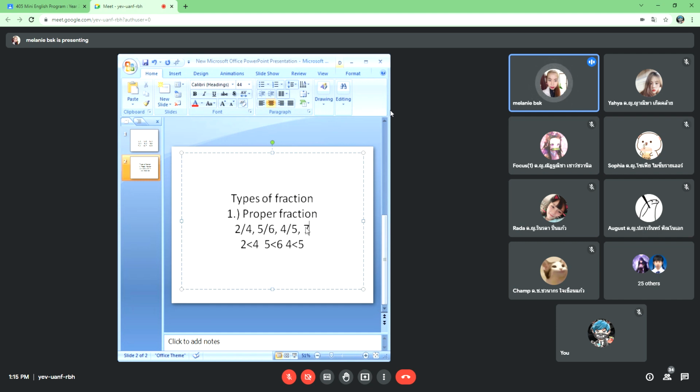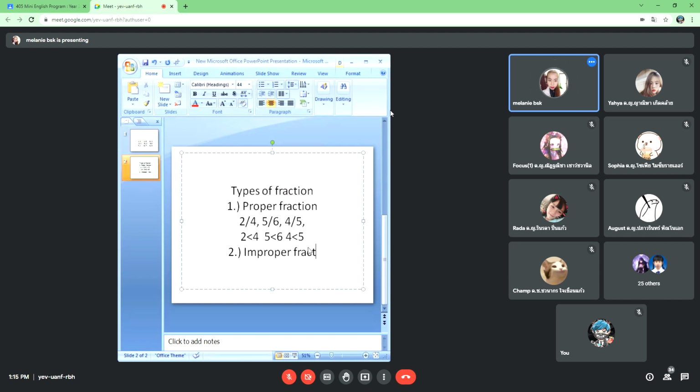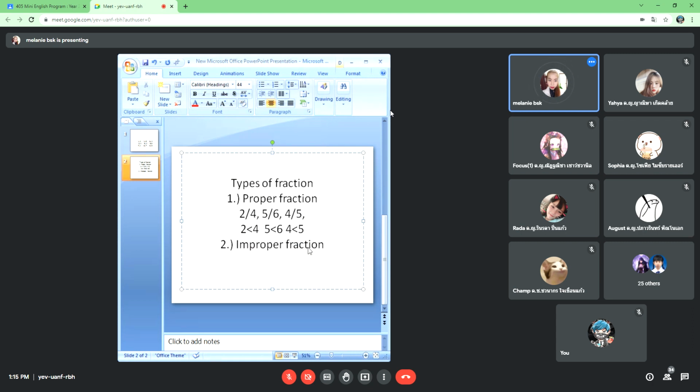So we're going to move on with the next kind of fraction, which is the improper fraction. The improper fraction is the opposite of proper fraction. We say improper fraction if the numerator is greater than the denominator.